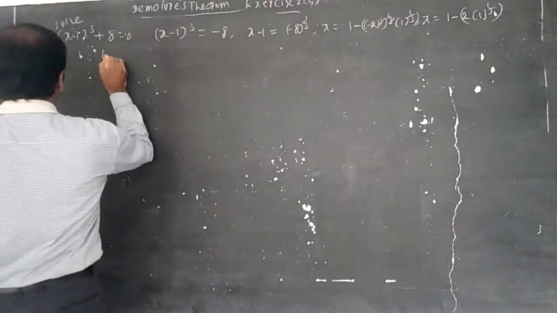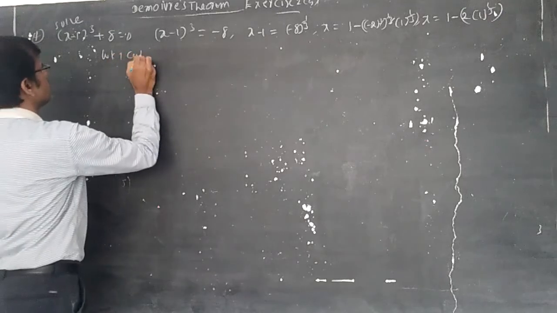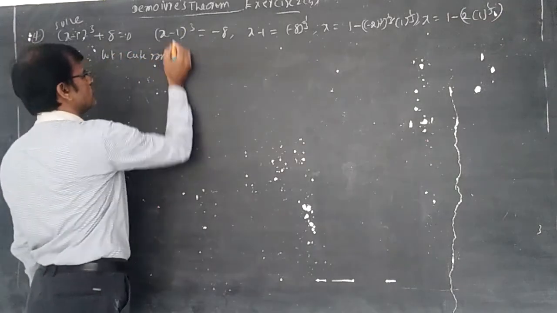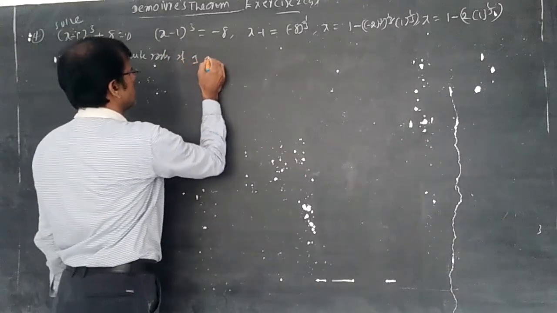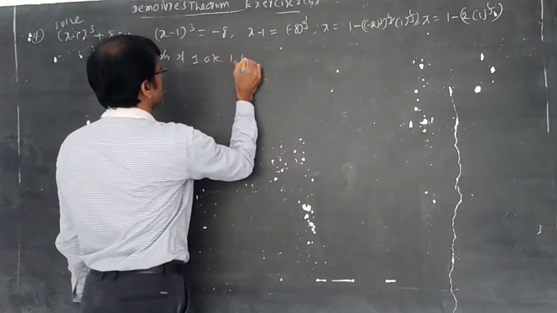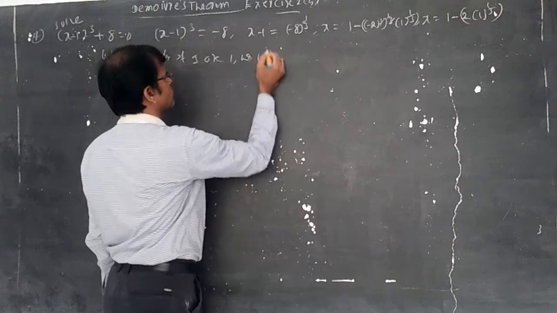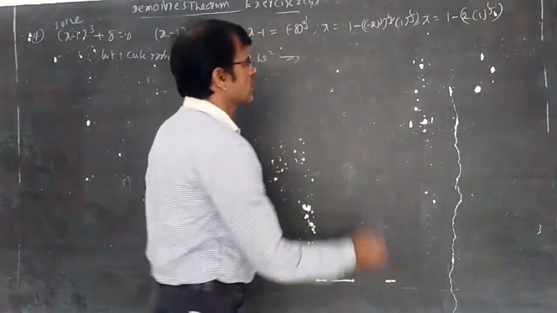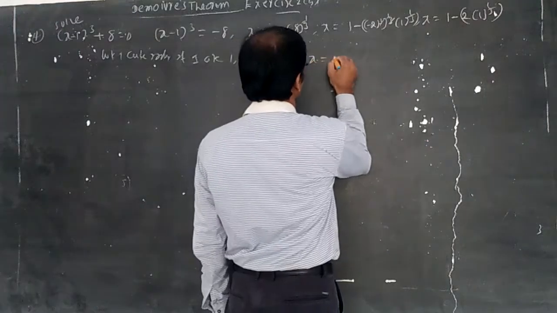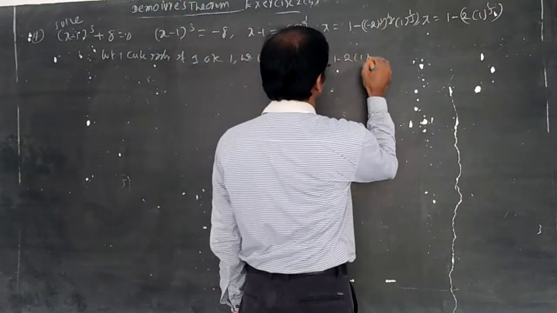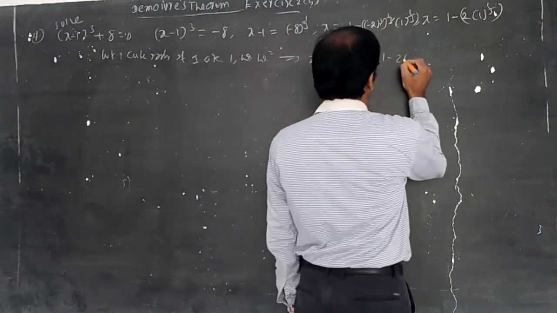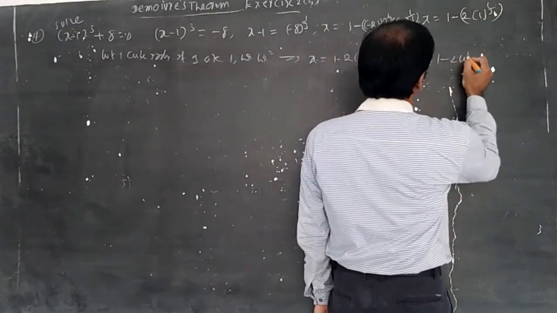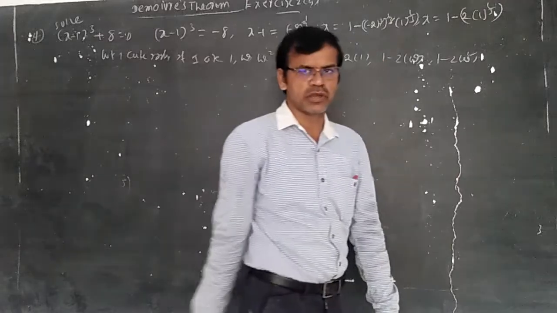We know that cube roots of 1 are 1, omega, omega square. That implies here x is equal to 1 minus 2 into 1, 1 minus 2 into omega, 1 minus 2 into omega square.